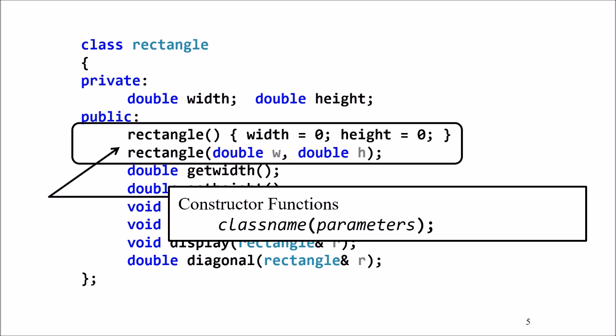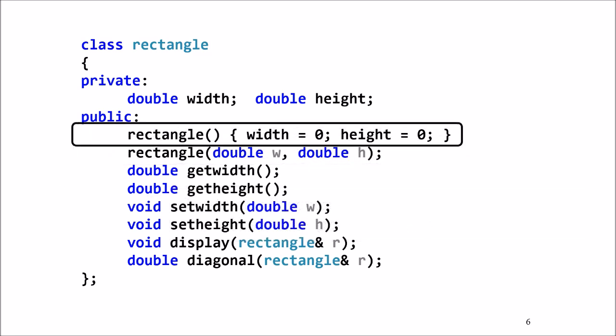And then there is a list of parameters in the parentheses. The first is the default constructor function that has no parameters, and I think we'll look at that in the next slide. And then there is a second constructor that does take parameters.